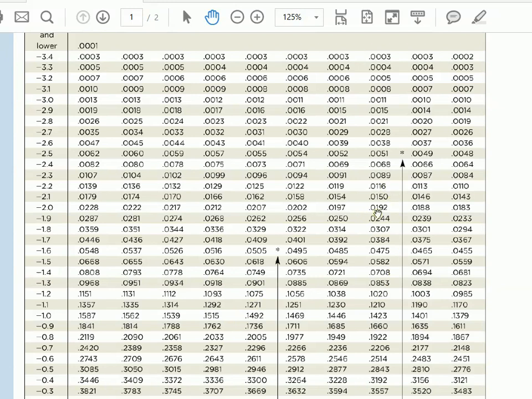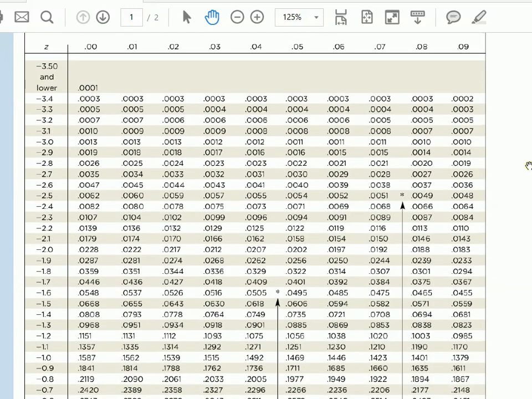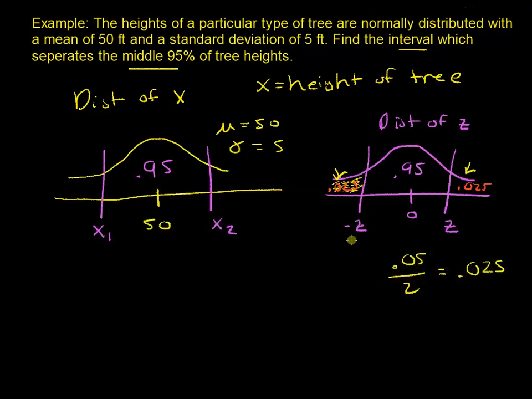There it is: 0.025 corresponds to negative 1.96. Great. So the value of this negative z is negative 1.96, and the value of the positive z is positive 1.96.